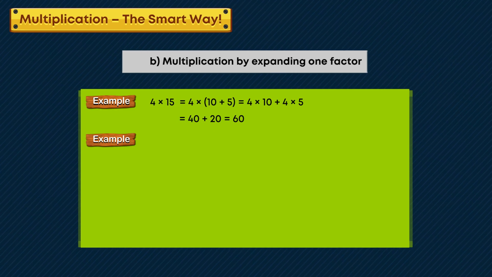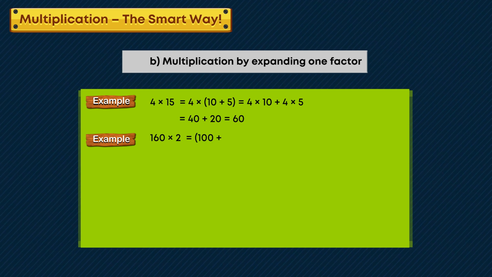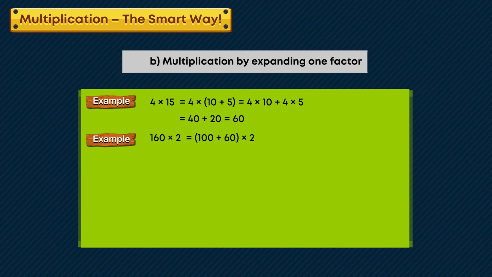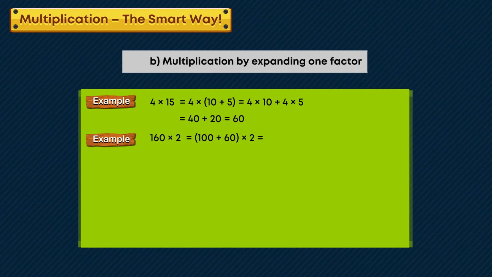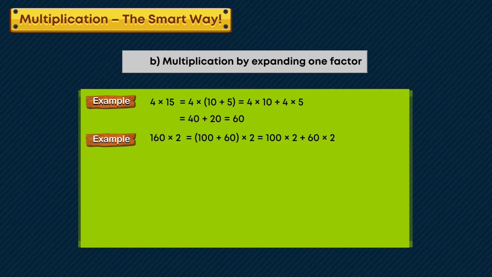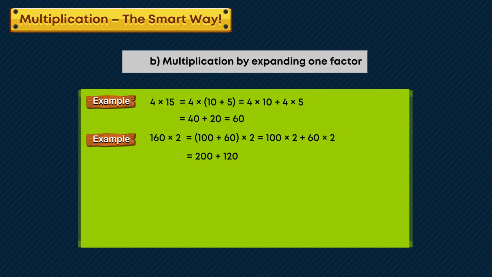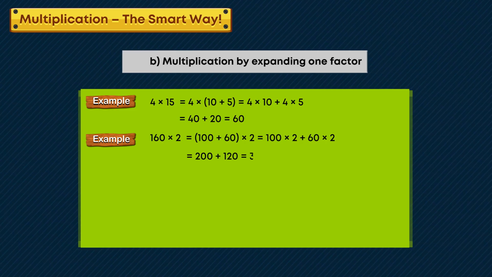Example: 160 into 2 is equal to 100 plus 60 into 2 is equal to 100 into 2 plus 60 into 2 is equal to 200 plus 120 is equal to 320.